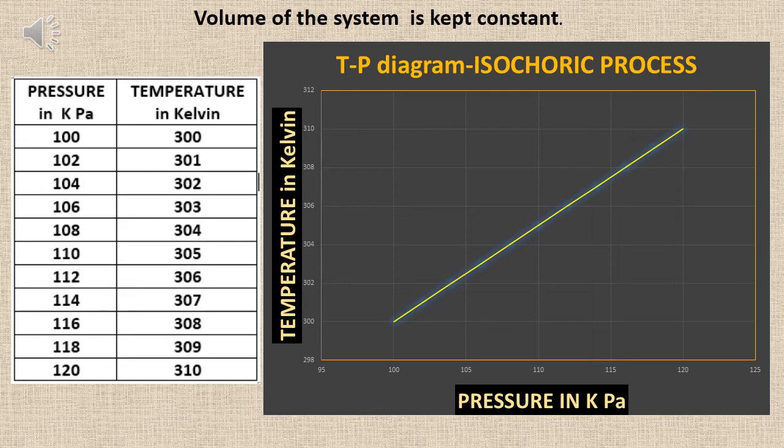And you are able to see the slanting linear line in the graph. When pressure increases, temperature also increases. You can see the slant straight line in the graph in the case of the TP diagram.